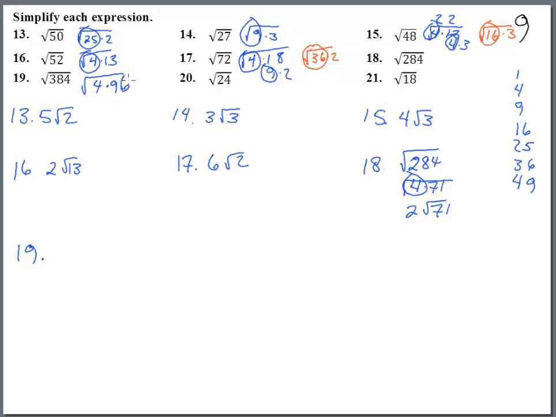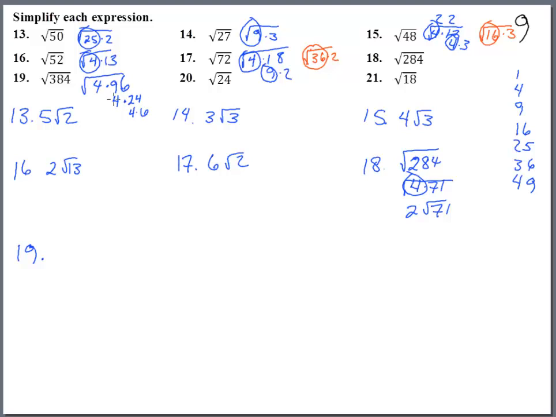Ooh, 96. That looks like a 4 will go into that again. That's 4 times 24. Wow, and a 4 goes into that guy again. Oh my word. 4 times 6.